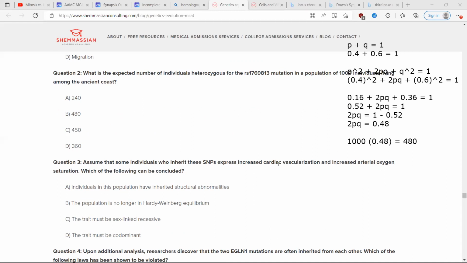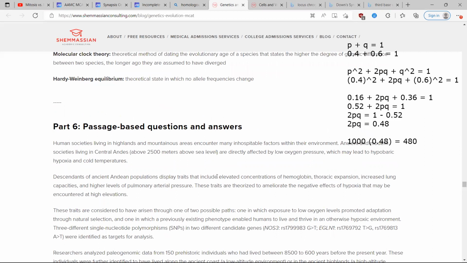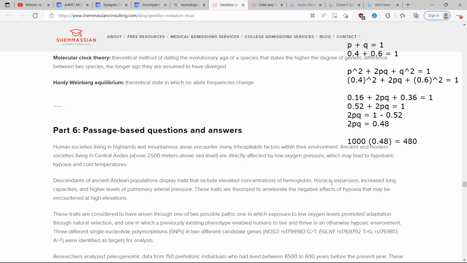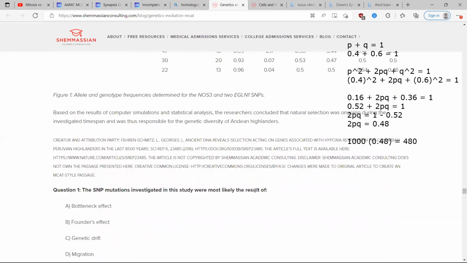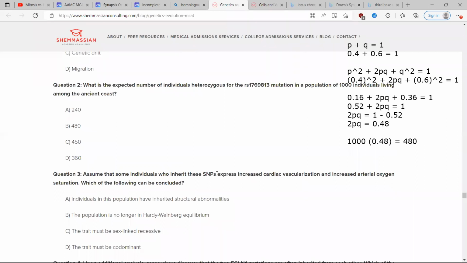So they talked a little bit about it somewhere: thoracic expansion, increased lung capacity, higher levels of pulmonary arterial pressure, theorized to ameliorate the negative effects of hypoxia. So it's theorized to deal with hypoxia.